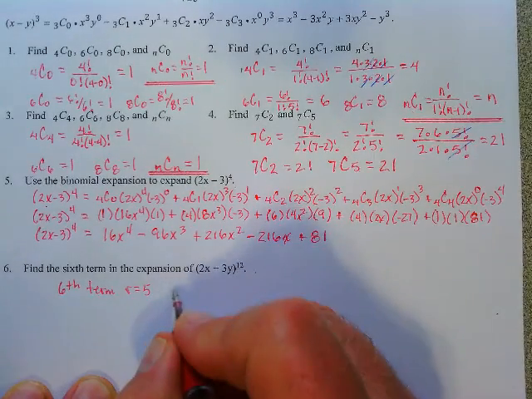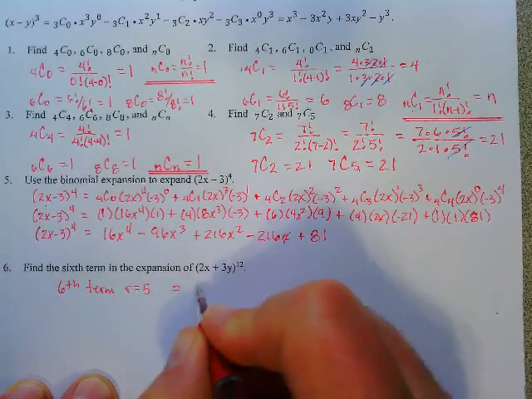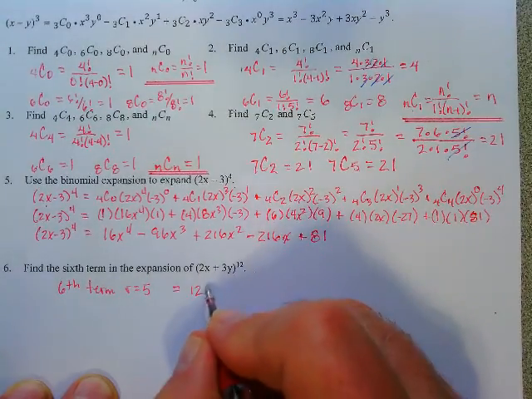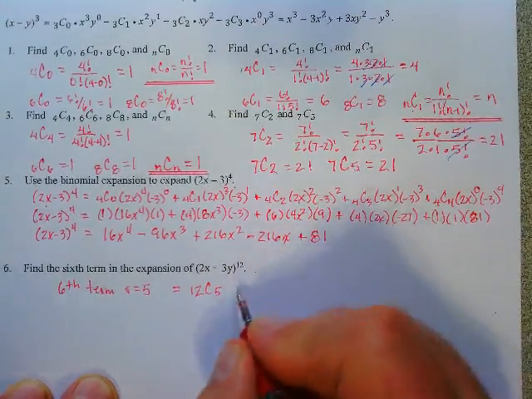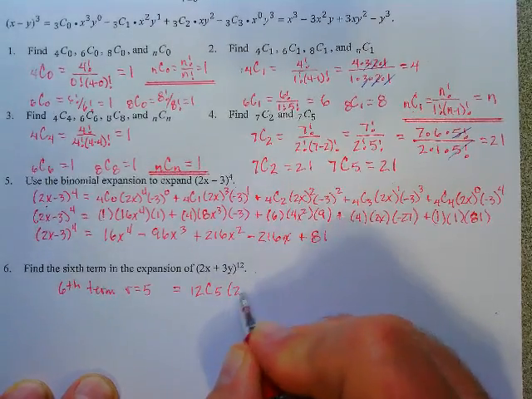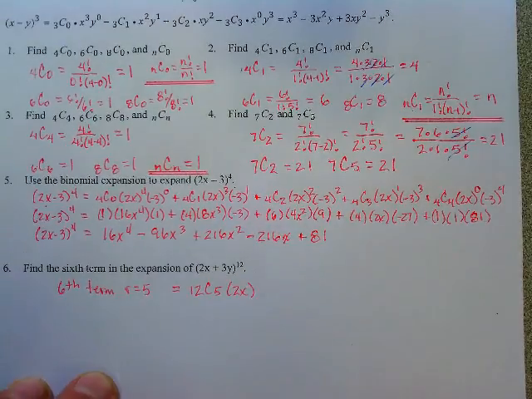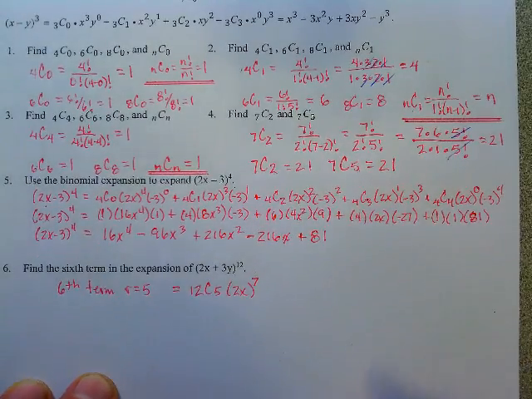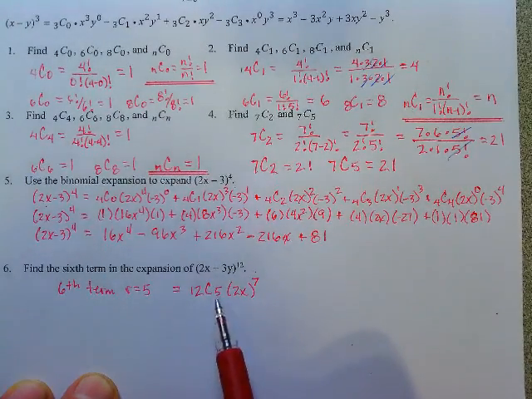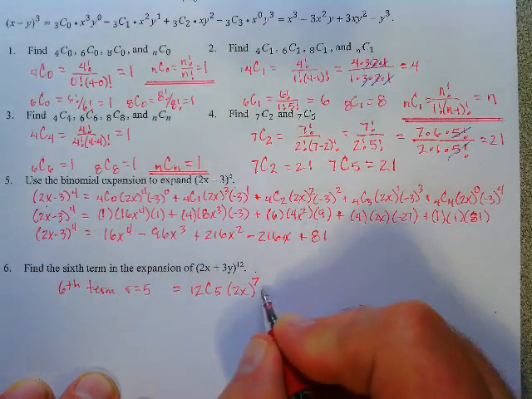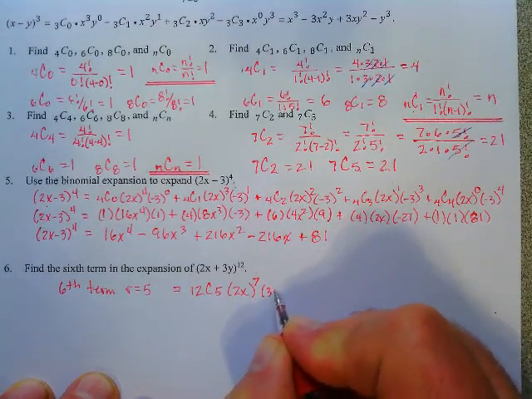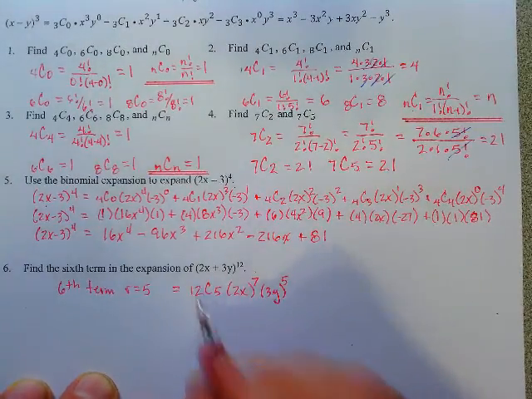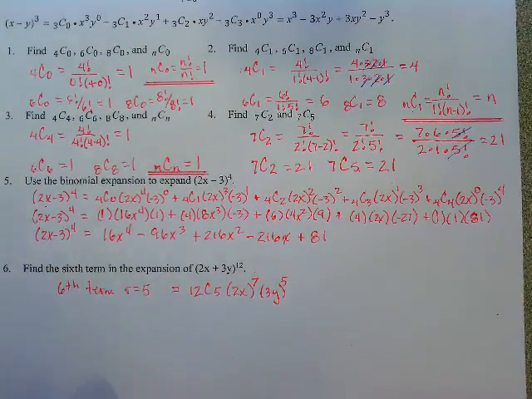So the 6th term will be equal to 12, because that's where we have the exponent there, c5, and then the first one, 2x, this will be to the 7th, because basically I'm doing 12 minus the 5, and then the 3y part to the 5th, because these two have to add up to the 12 that I started with.